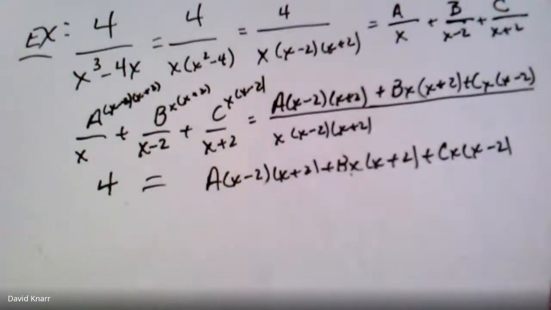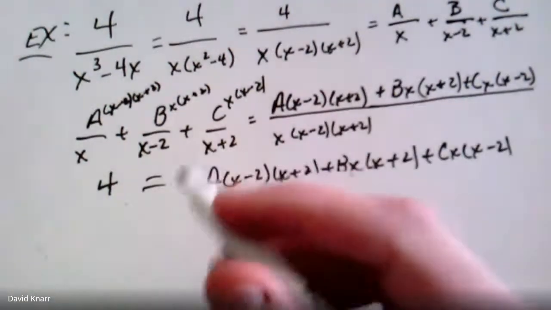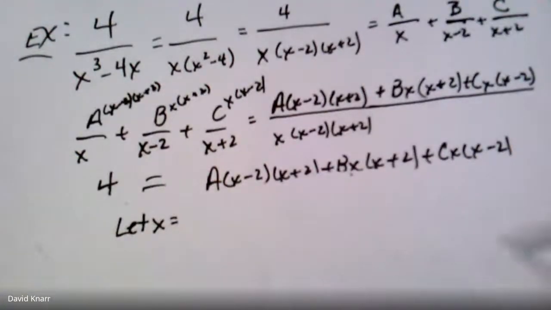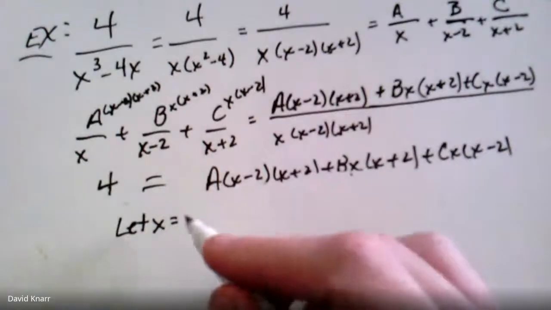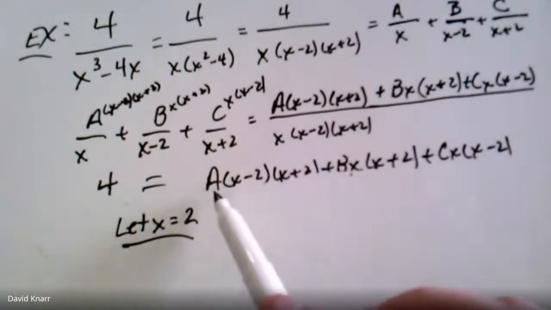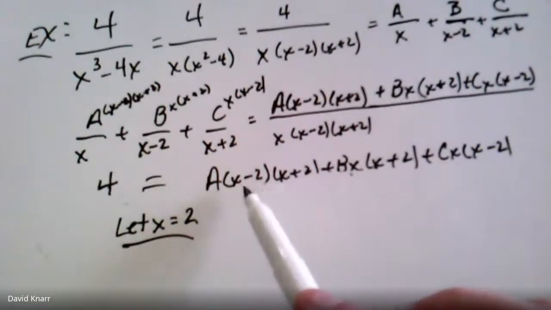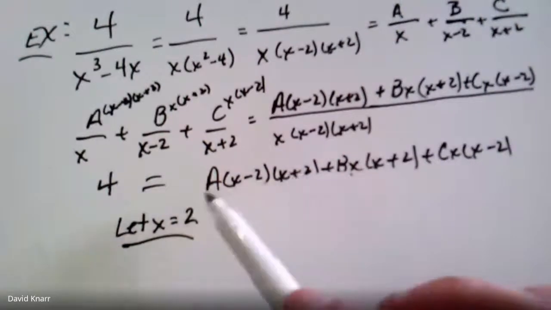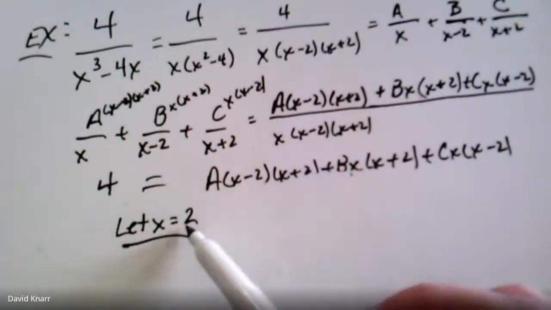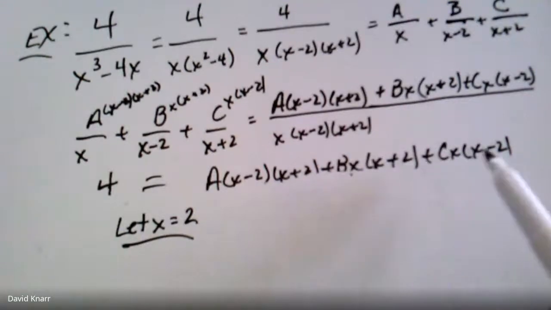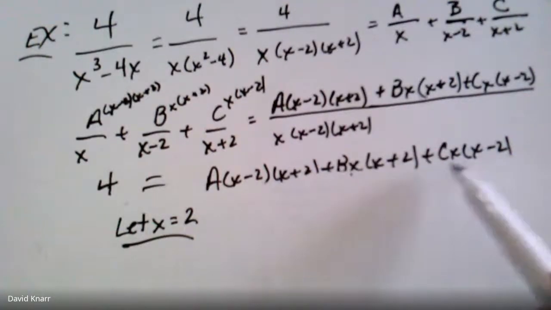Okay? Now, again, you got to start picking strategic choices of x to try to knock out some of the variables. So I'm going to pick 2. And if you look, 2 will knock a out, right? Because you'll get a 0 here. This will be 4, but a times 0 times 4 will be 0. If I put 2 here, b will still be in. And if I put 2 here, c will drop out.